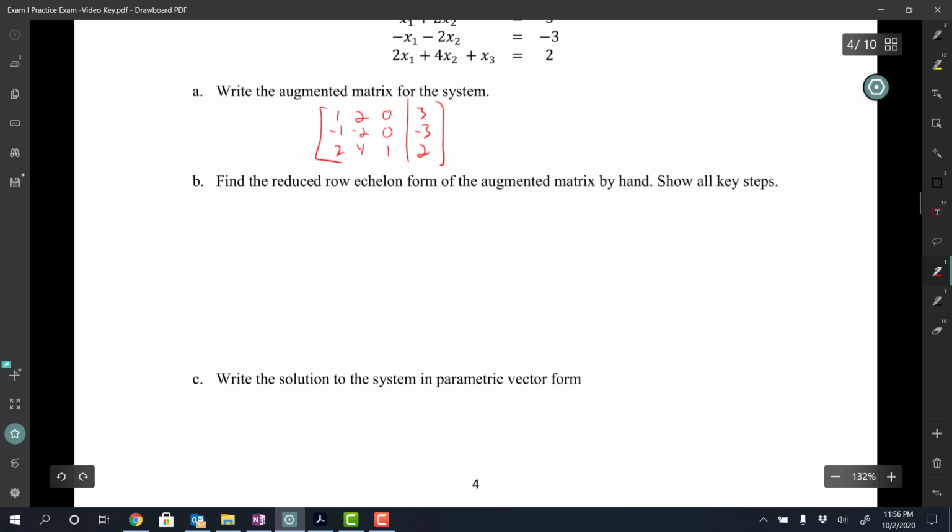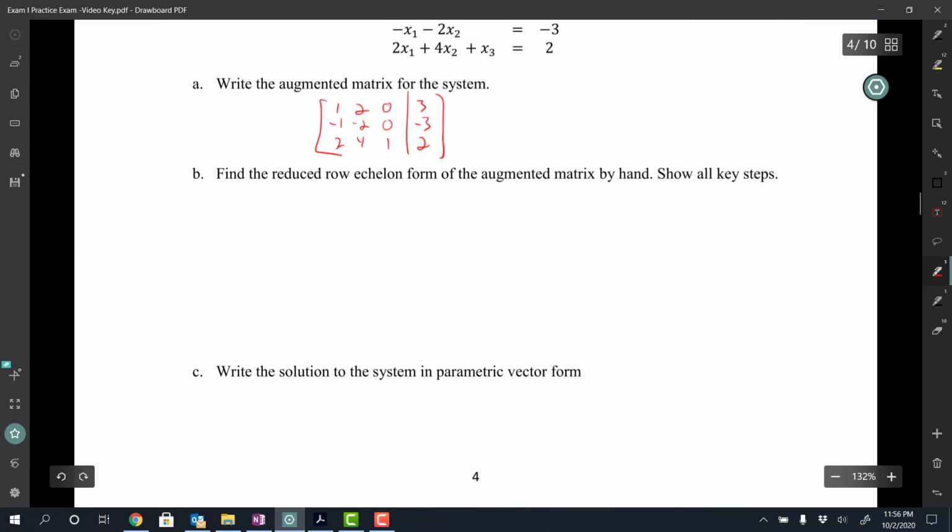Now part B says to do the row reduction. So I will rewrite my matrix here, and I will start to do my row reduction. My first operation is going to be row 2 plus row 1. Row 1 will stay the same.